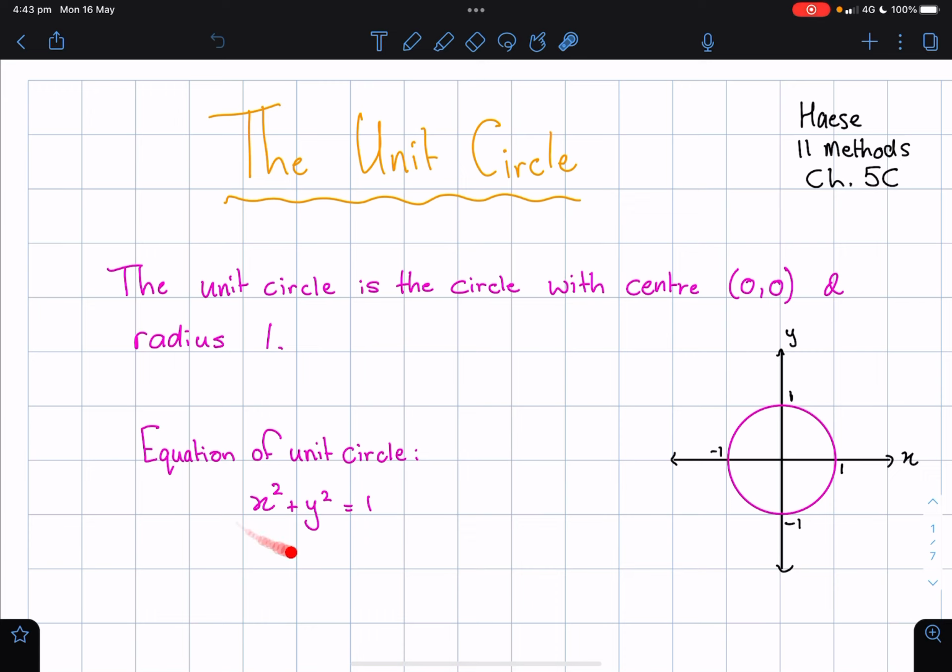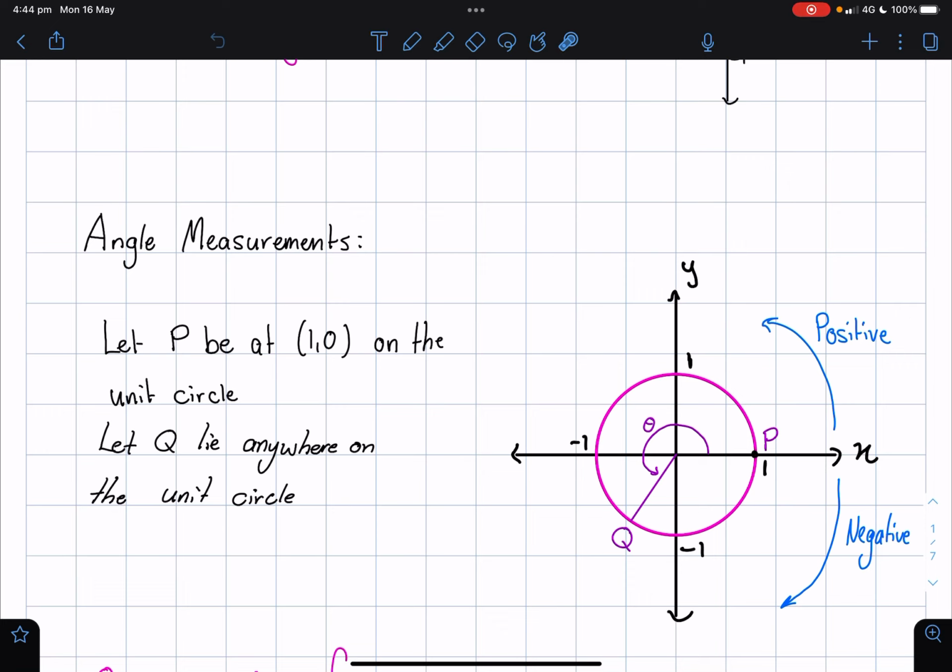Now, with the unit circle, we will be given positive and negative angles, okay? So in this diagram, we've let P be the point at 1, 0 on the unit circle, so over here. And Q can lie anywhere on our unit circle, so I've put Q over here. Now, if I'm measuring theta and it's positive, it's just like a normal angle. It goes anti-clockwise, all right?